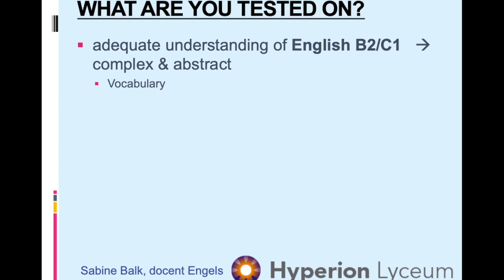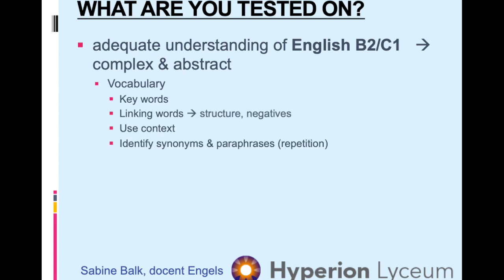Now let's zoom in on the vocabulary. You have to be able to identify keywords, words with the most meaning that are about the main topic. You also have to be able to identify linking words and understand them adequately. They add structure, which is very important, and you also have to keep in mind the negatives. They are often included in the questions and in the multiple choice answers, and they will help you distinguish the right answers from the wrong ones.